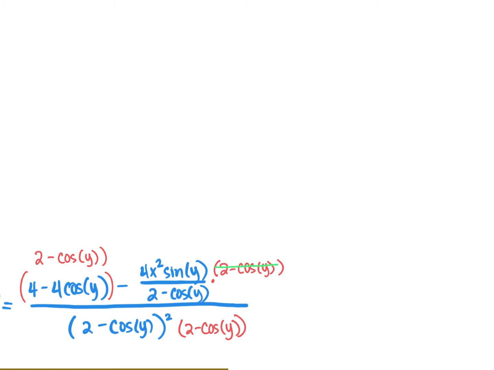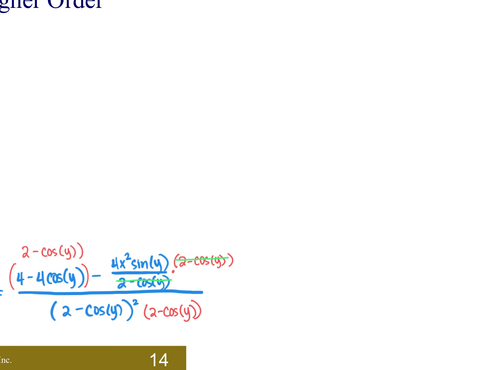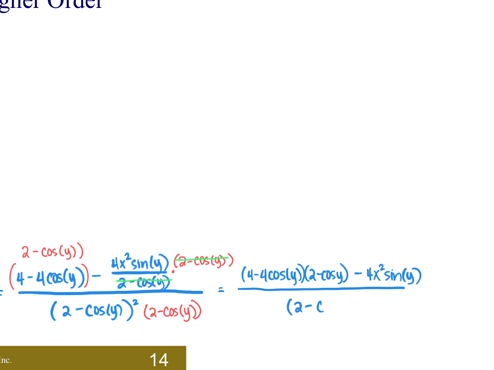All right, this 2 minus cosine y will reduce that 2 minus cosine y. So we will end up with 4 minus 4 cos y times 2 minus cos y minus the 4x squared sine y. And the denominator is now 2 minus cosine y, that whole quantity cubed.